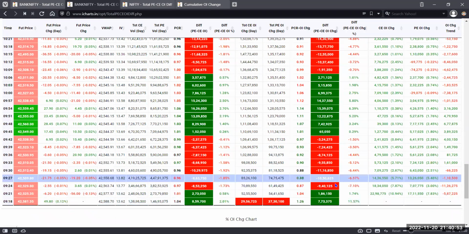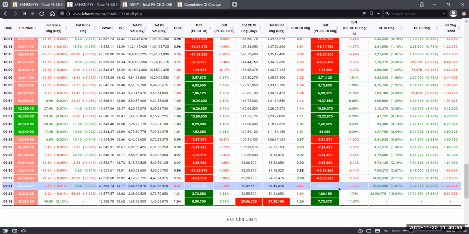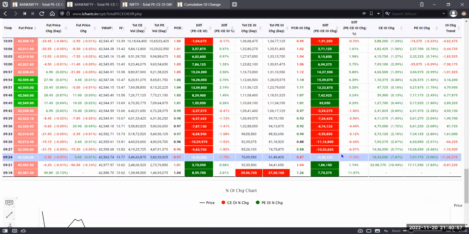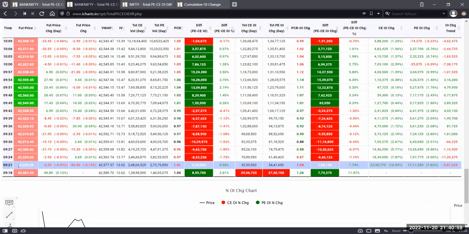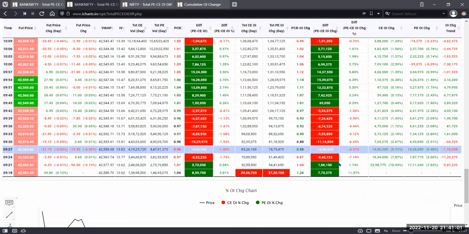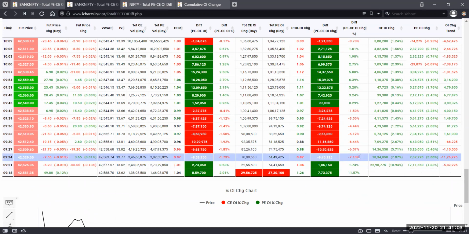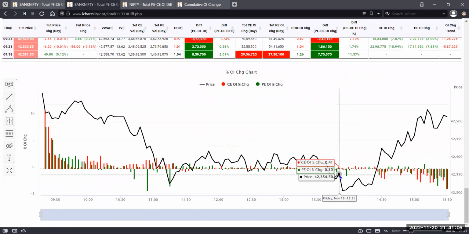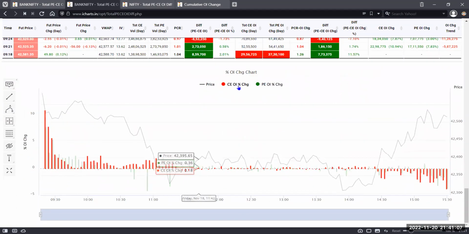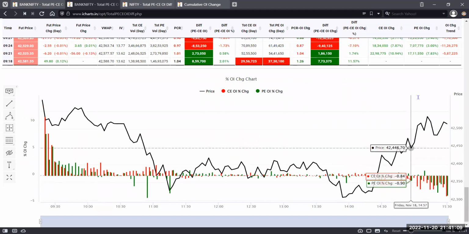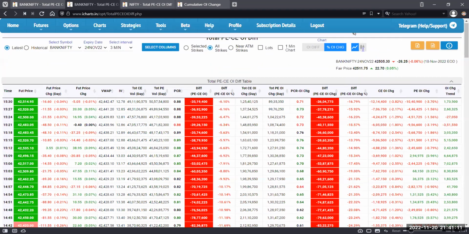Use what is happening initially, and based on that you can form a view. Leave the first few minutes, just leave it, and then you can go with it. After that, based on whatever unwinding is happening, I had explained this in the video in detail. Let me change this to a 1 minute chart.